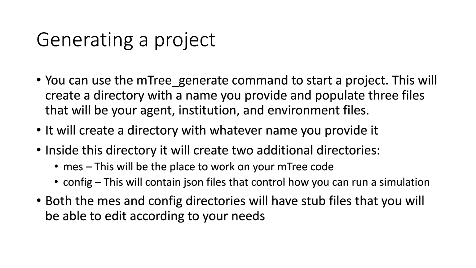Additionally, you'll also see a config directory gets created by mtree_generate, and you'll see it in other things when we pull down the example repository. Inside the config directory will be a series of JSON files, typically. In this case, with the mTree examples, it will start with a single one. The JSON files will control how you run a simulation.